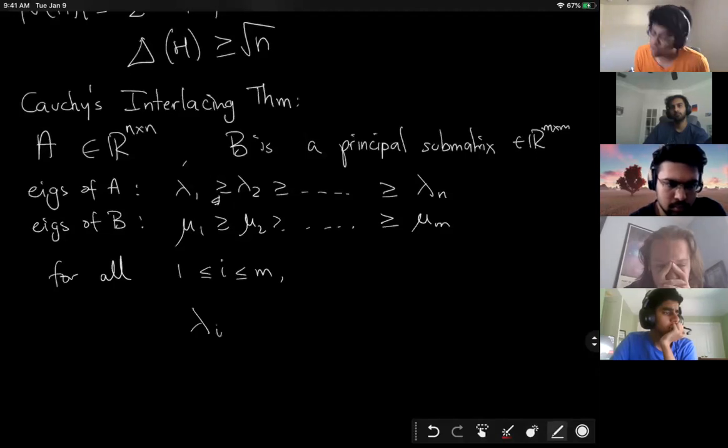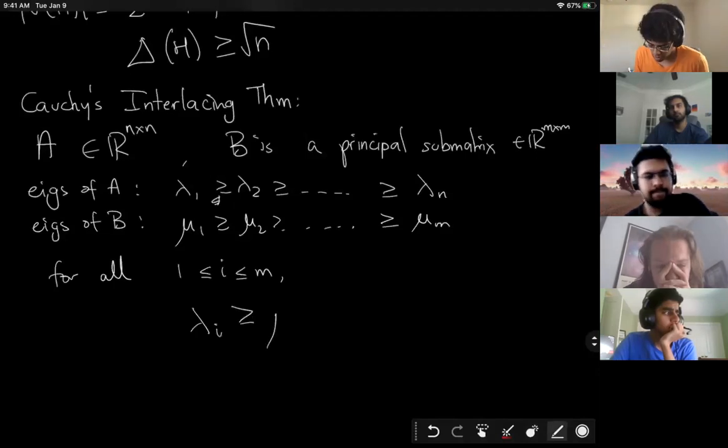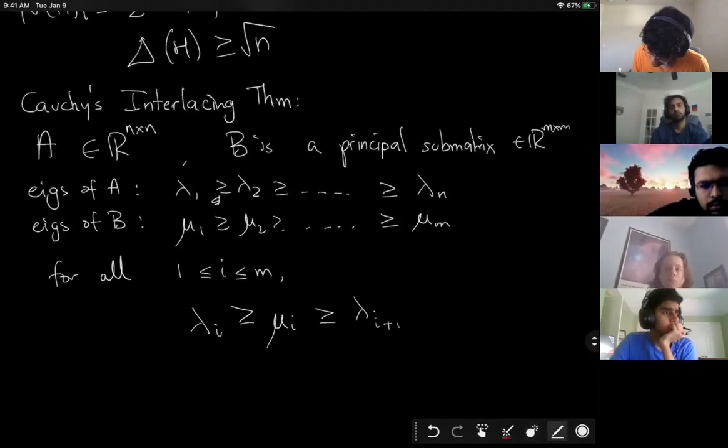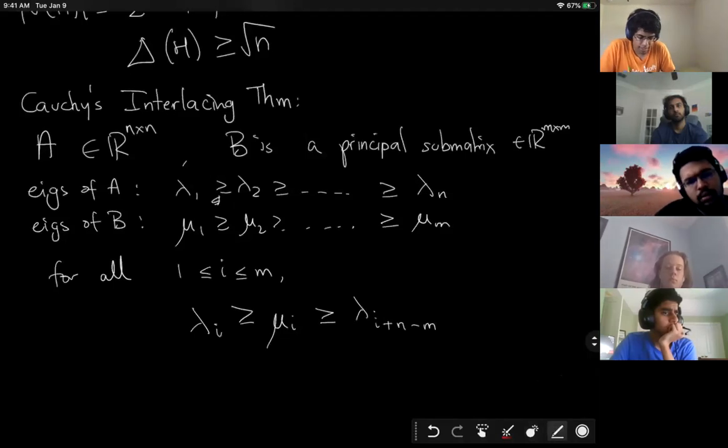Lambda i is greater than or equal to mu i, which is greater than or equal to lambda i plus n minus m. Which is a little obscure because it's not immediately clear what is going on here.